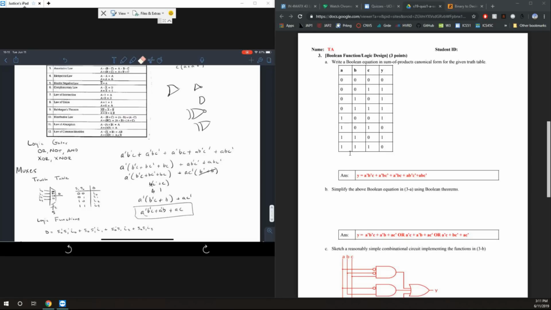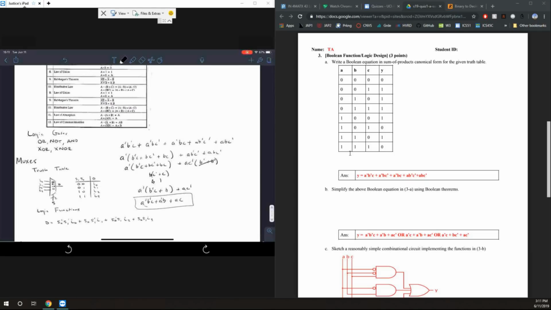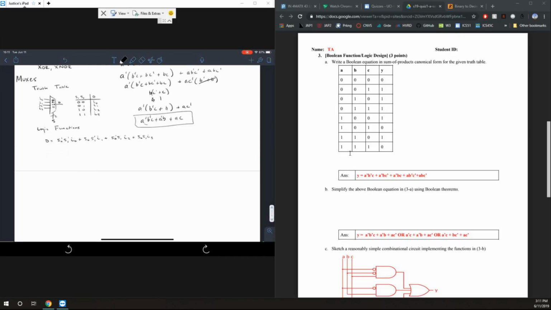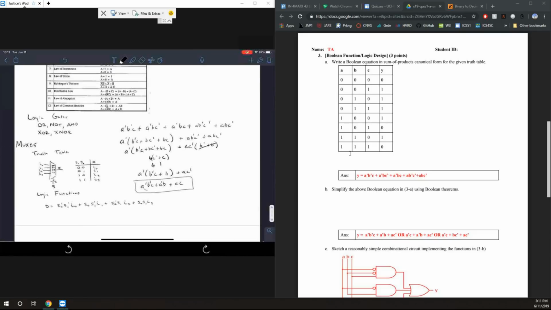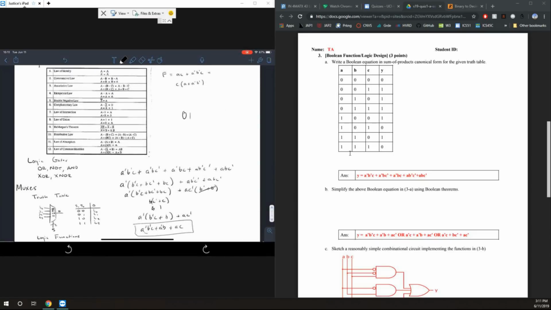If everyone's good with that, we can keep going. Mux, is everyone solid with that? XOR is true if the inputs are different, so 0,1 and 1,0 make it true, and 0,0 is false. And then XNOR is just the opposite.